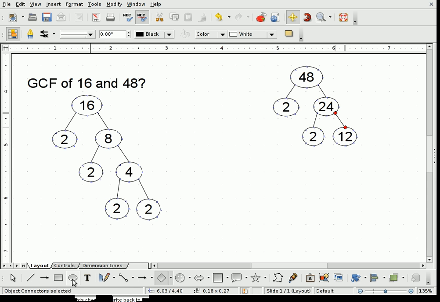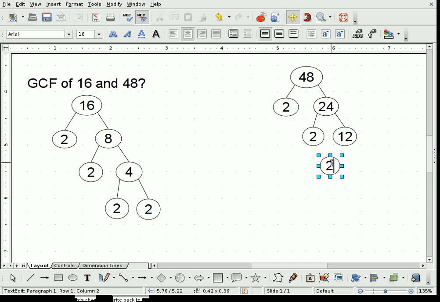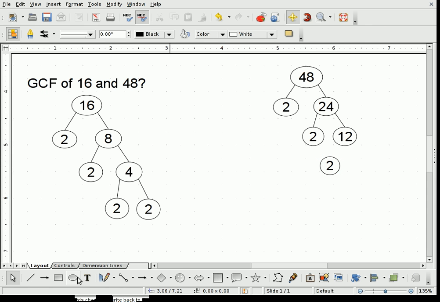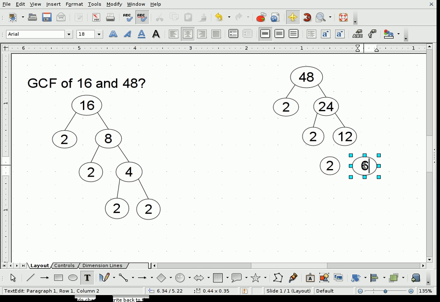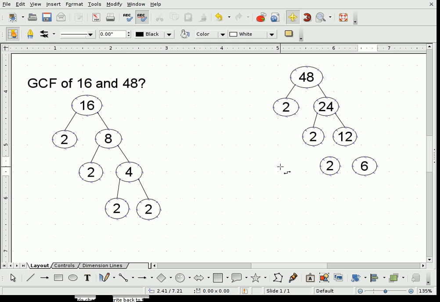What is 12? 12 is a composite number. It is obviously divisible by 2. What is 12 divided by 2? 12 divided by 2 is 6. Like so. And make nice little connectors like that.